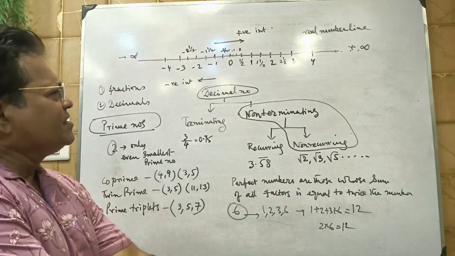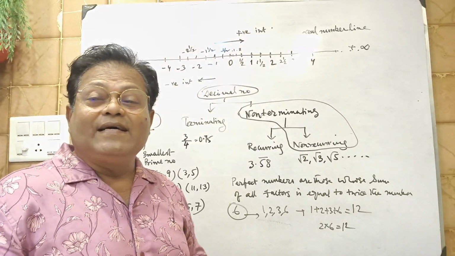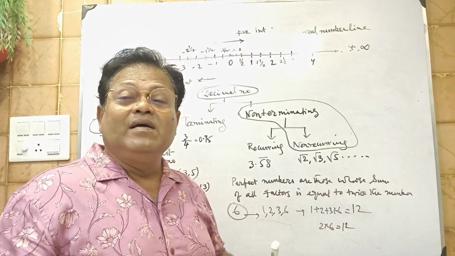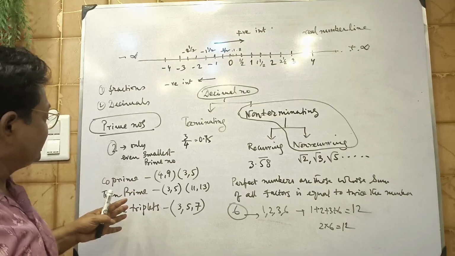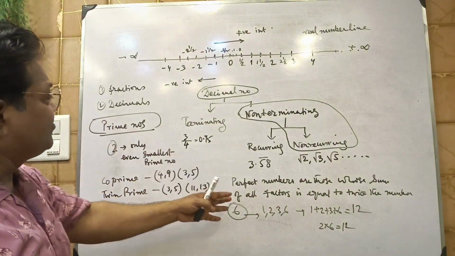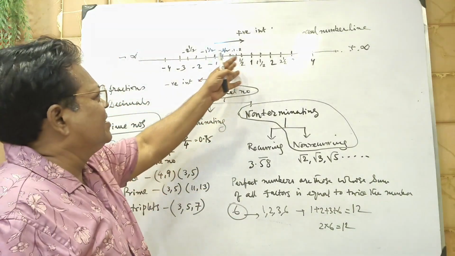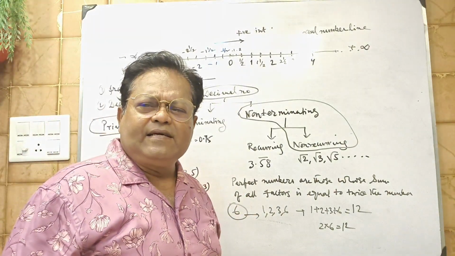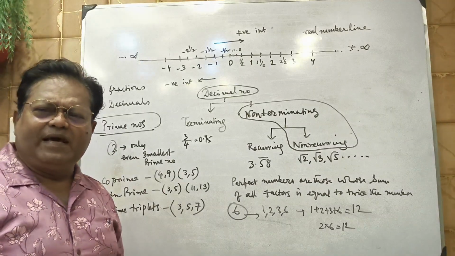I think these are very essential knowledge. This is the primary knowledge, it is not in depth. It is primary knowledge you require for class 9 and up to class 10. What are co-prime, twin prime, prime triplets, perfect numbers, fractions, decimals, the different types of fractions, real numbers, number line. I think you will get some idea.